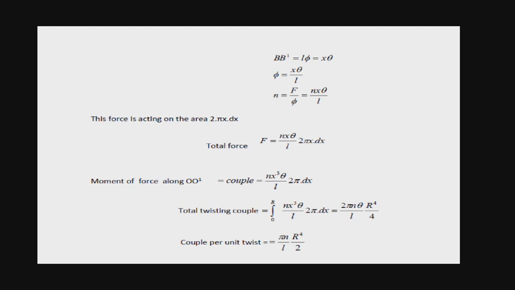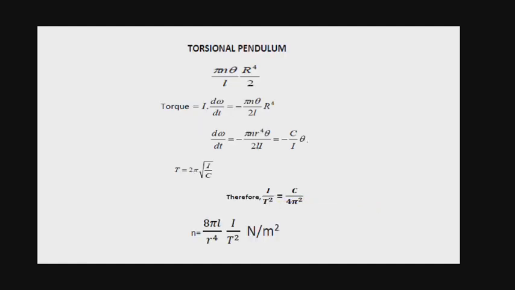This is also a very important question. Next, about the torsional pendulum. A rigid wire of length L and radius R is fixed at one end and forms the axis of rotation for a regular or irregular body attached to its free end.